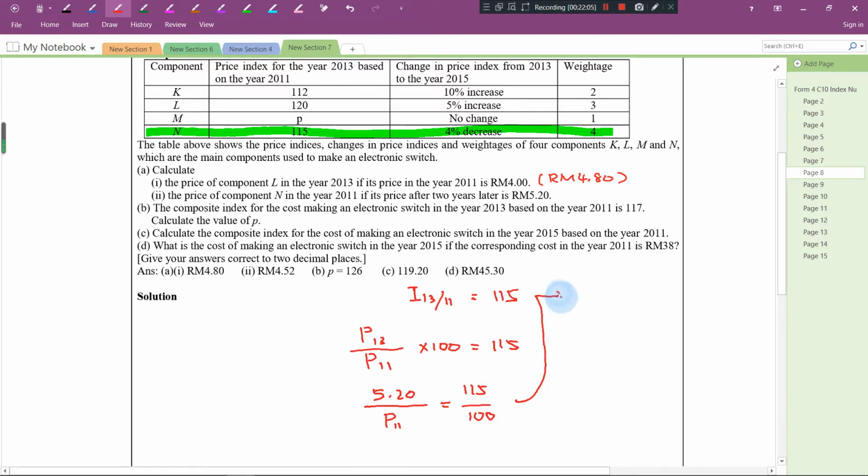Okay, if you want, you can use your calculator to simplify this part first. 115 divided by 100 is equal to 23 over 20. If you simplify it, the number becomes smaller. It's actually easier for you to solve. Then we cross multiply.